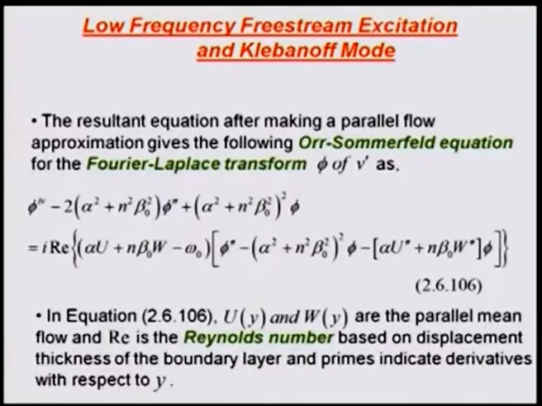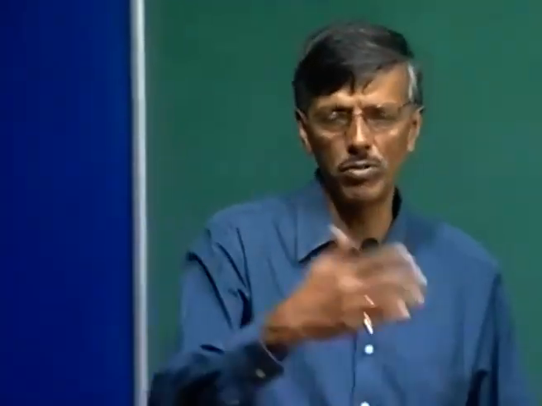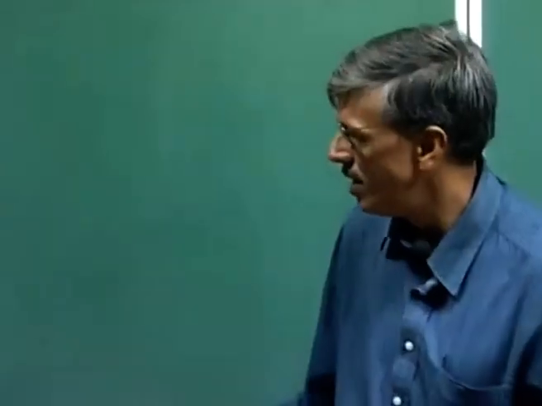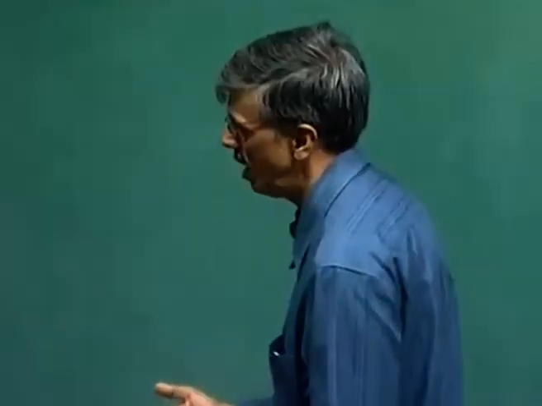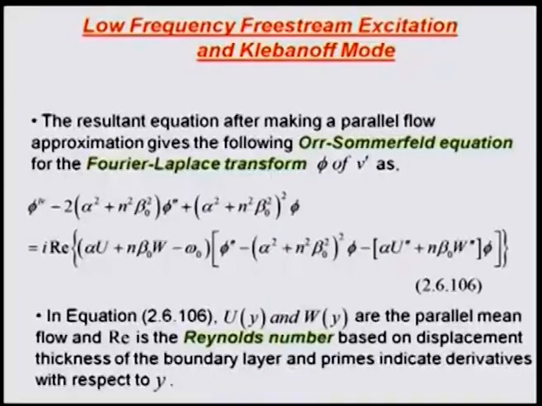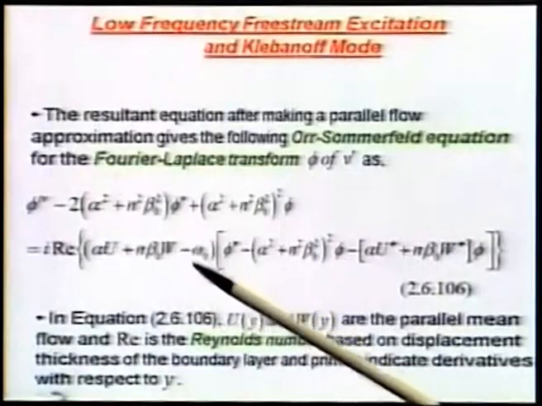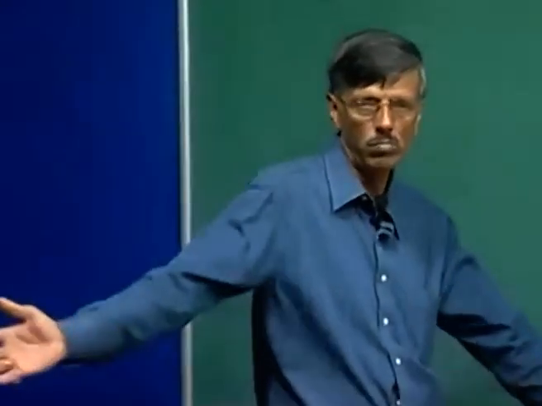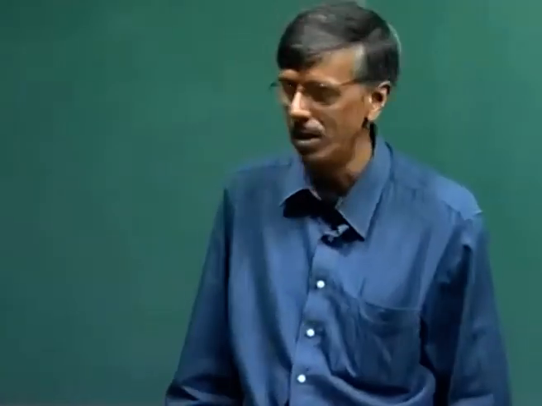So, what have you done? You go through the same exercise. Instead of saying the disturbance field is 2-dimensional, you are talking about a 3-dimensional disturbance field. Okay. And then your mean flow has, let us say, 2 components, capital U and capital W. So, you are talking about a formulation here where the mean flow also could be 3-dimensional.